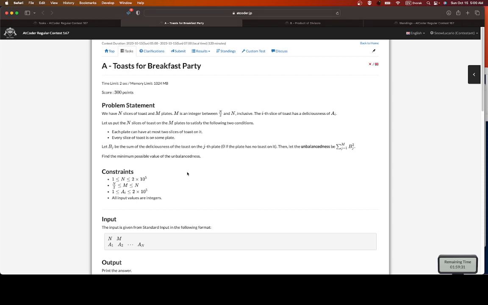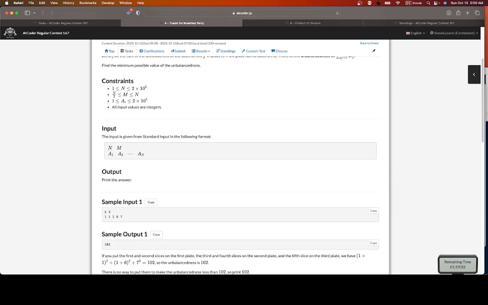Let B_j be the sum of deliciousness of the toast on the j plate. And the unbalancedness be... so we have to make this as small as possible.